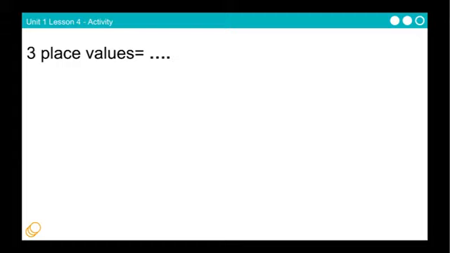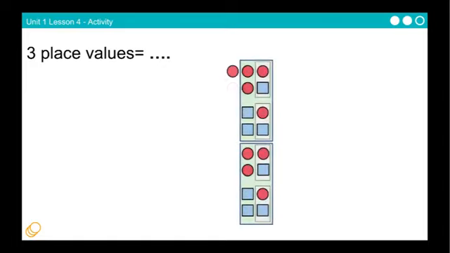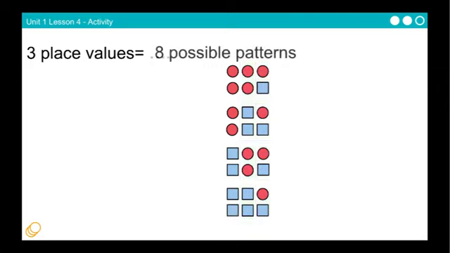For 3 place value patterns, we can make 2 copies of the 2 place value patterns. Then, just like we did before, fill in the first set with circles in front and the second set with squares in front. This makes 8 arrangements. And just so you know, computer scientists like to start counting at 0.